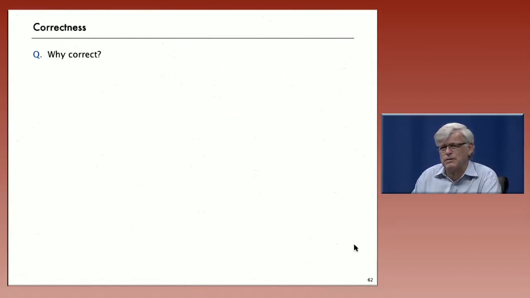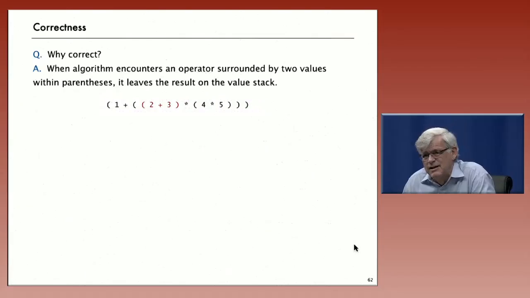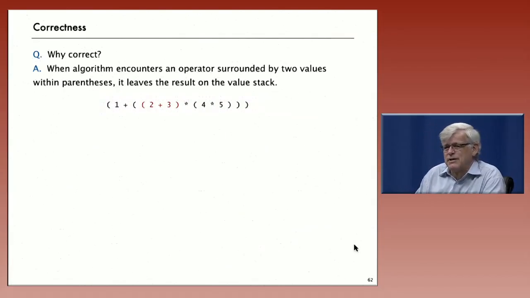So why does this work? Well, when the algorithm encounters, inside, parenthesis, operand, operator, operand, parenthesis, it's easy to see that what it's going to do is put the 2 and 3 on the top of the value stack and the plus on the top of the operator stack.